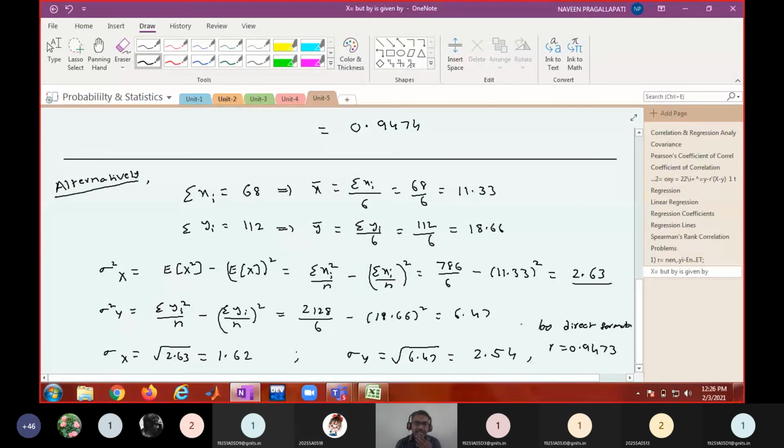Okay. Now once you have this, how do you compute the regression lines?